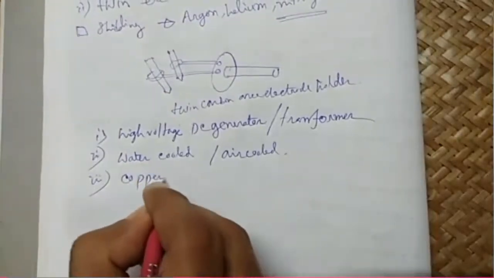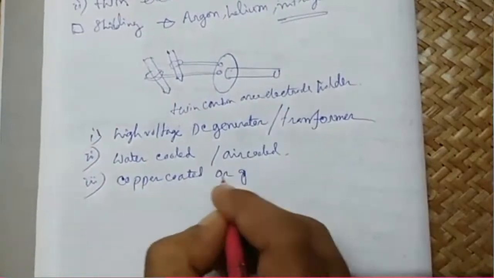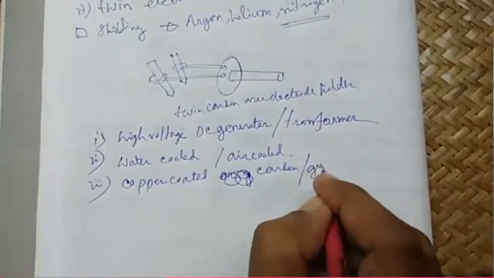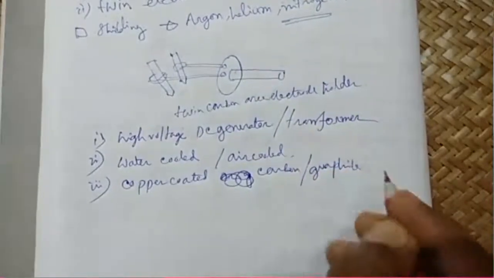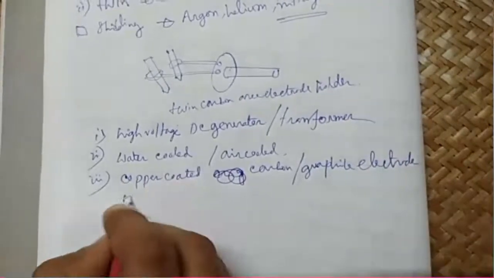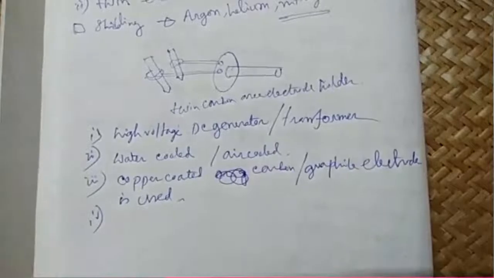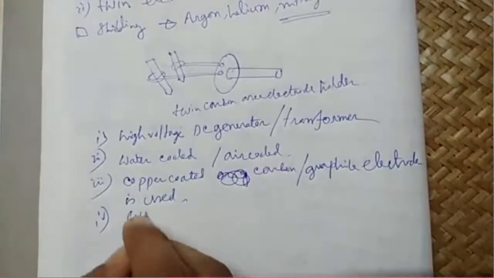Copper coated carbon, or actually graphite, electrode is used. A filler rod is to be used separately if needed.